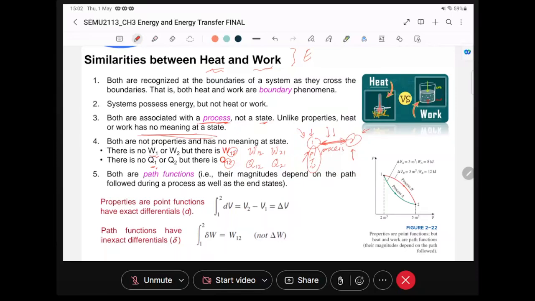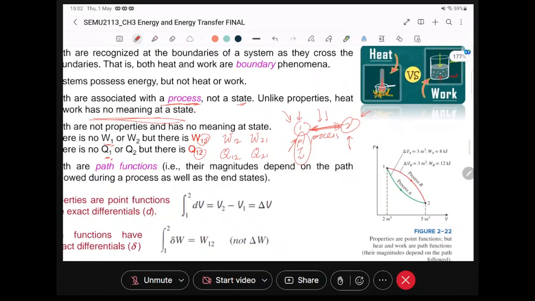So 1 to 2 is process A, and it can also be process B. In different processes, the work and heat involved might be different. This is the state. In between, the line, the path, is what we call the process. That's where the heat and work actually matter.